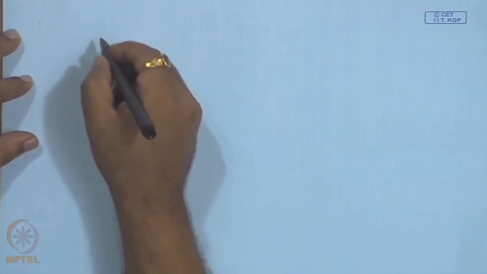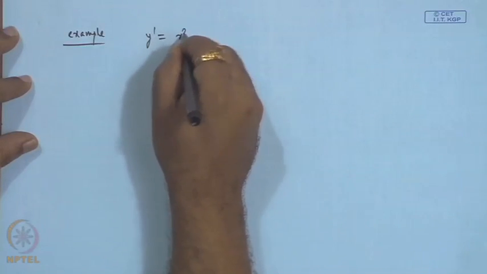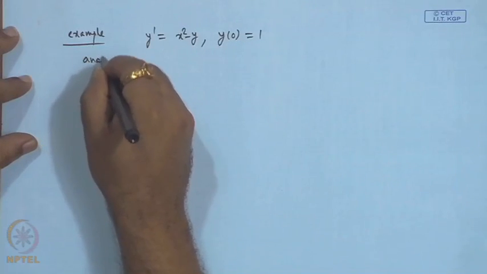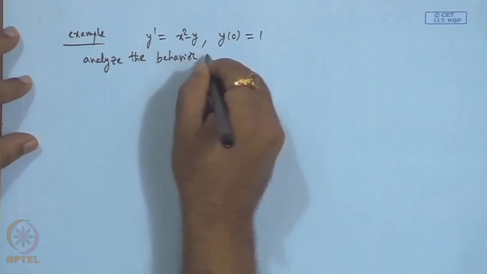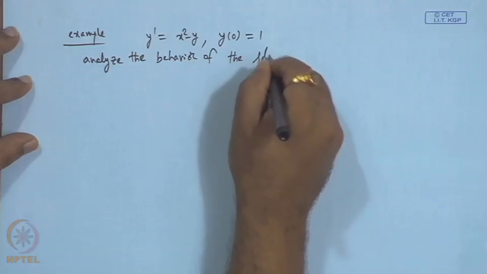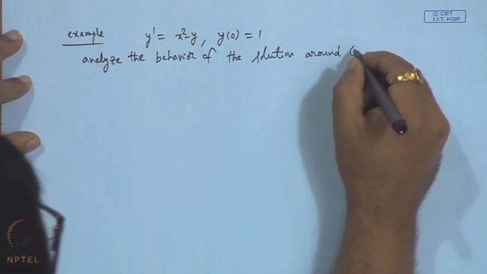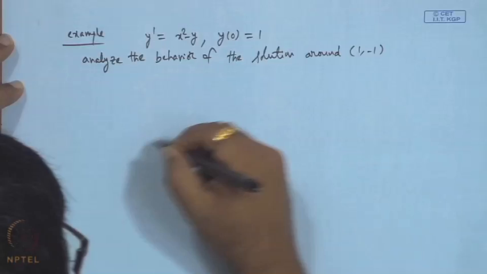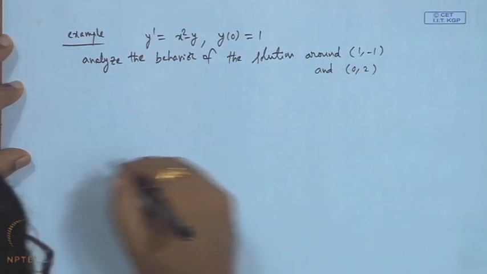So, let us see, for example, say y dash is x square minus y square, then analyze the behavior of the solution around say 1, minus 1 and say 0, 2.